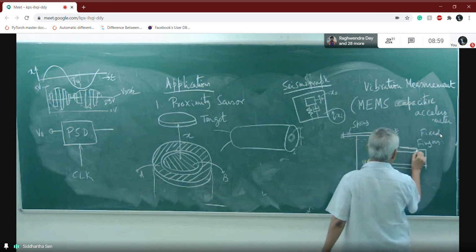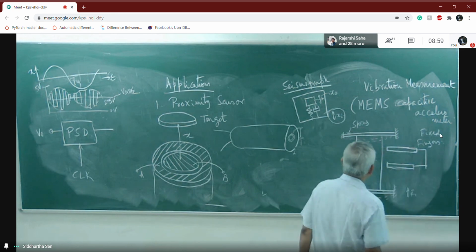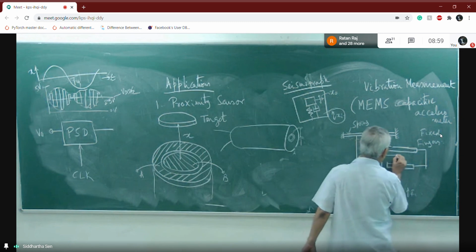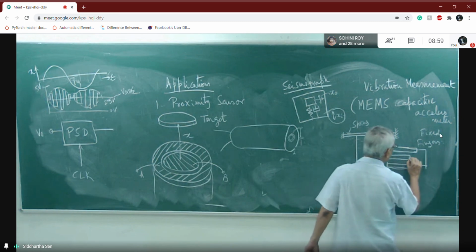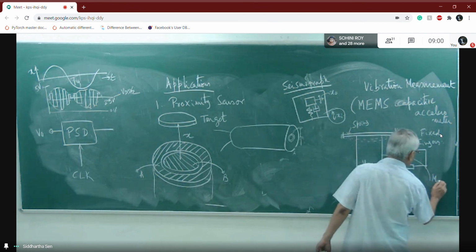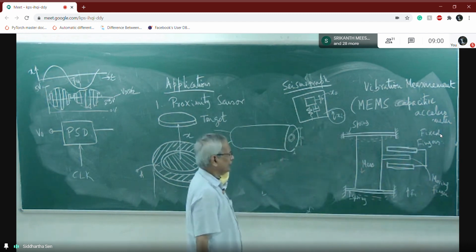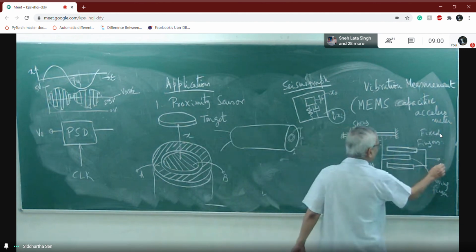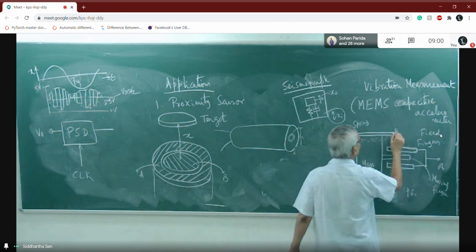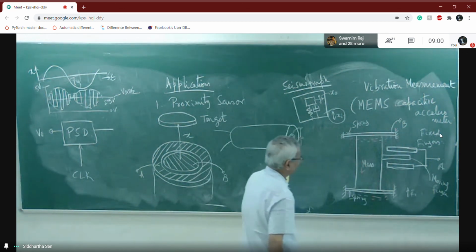The whole finger is fixed like this. And I connect another finger, which we call the moving finger. That means two fingers are there, and this is a terminal here, A, and this one may be another terminal, B. All are metallic plates.